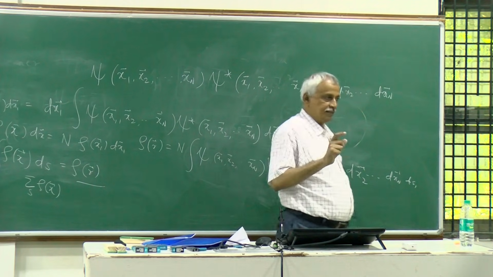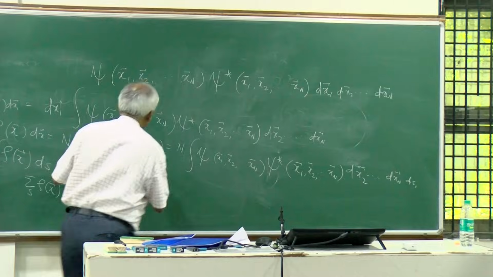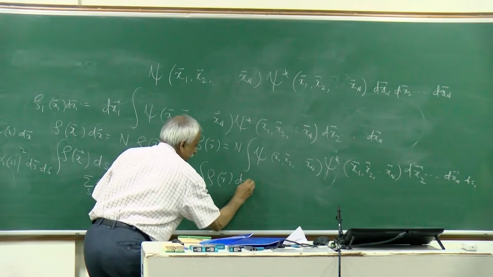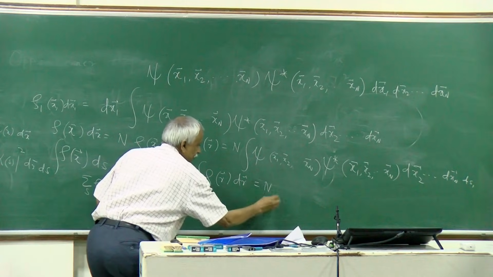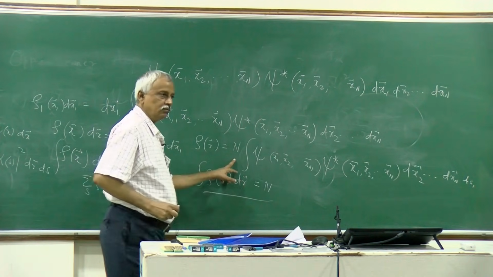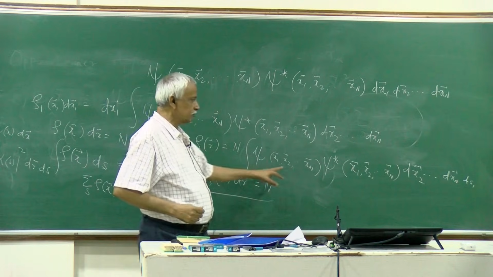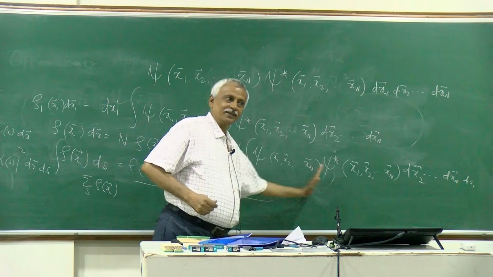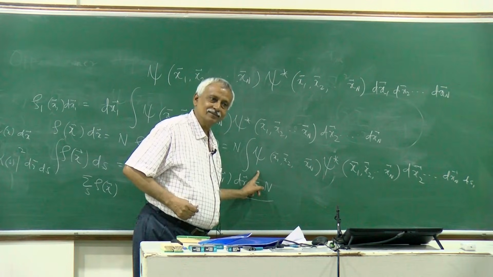And you can see now, if I do this, rho r dr would be n. So that means now this dr is your dr1. Okay. So that will take care of everything. This n will be there.